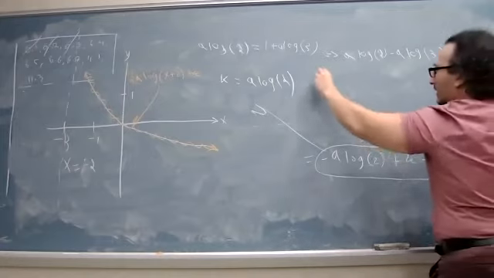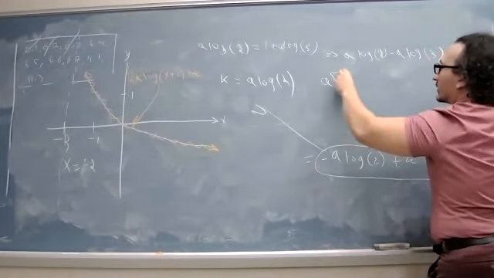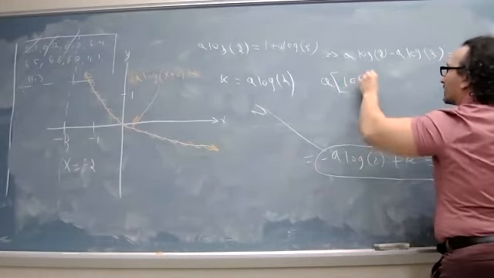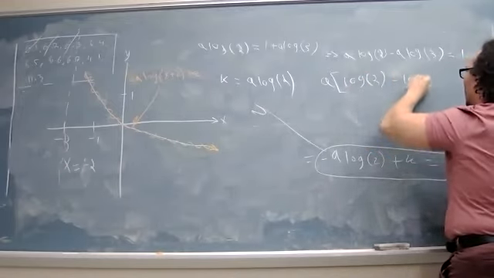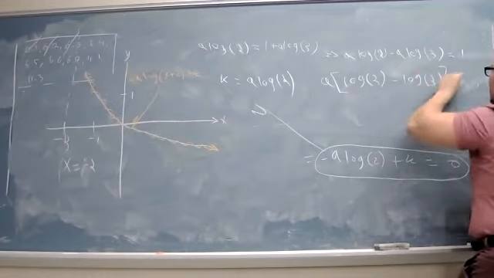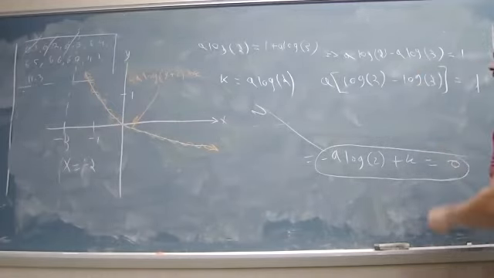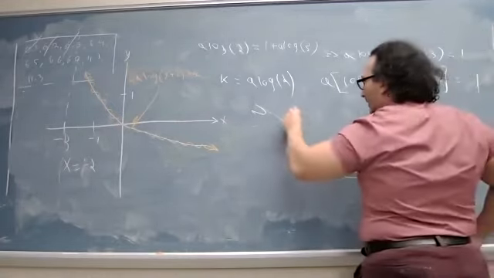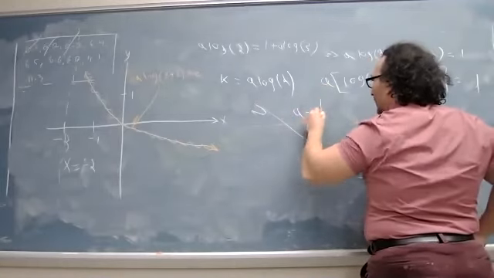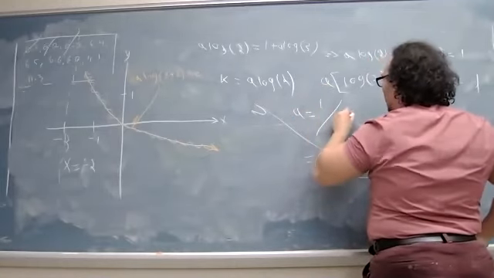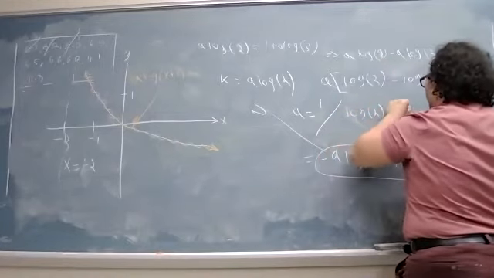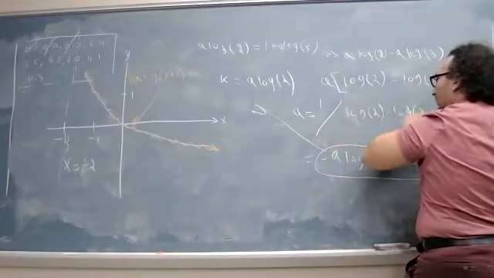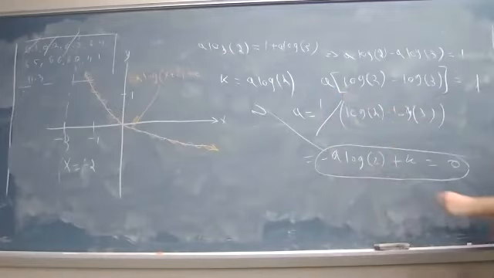Then we can factor out an a. So I get a times log of 2, a number that we can evaluate, minus log of 3, a number we can evaluate once we plug it into the calculator, is equal to 1. So now I can solve for a. A is equal to 1 divided by log of 2 minus log of 3. So we can solve for a that way.